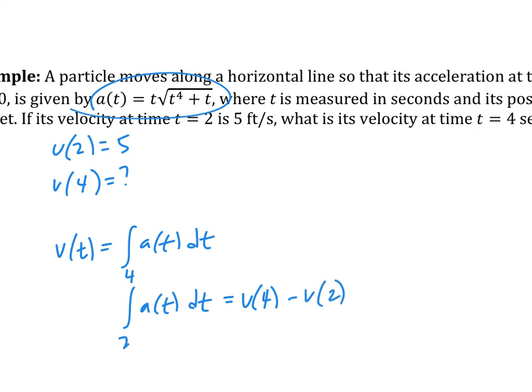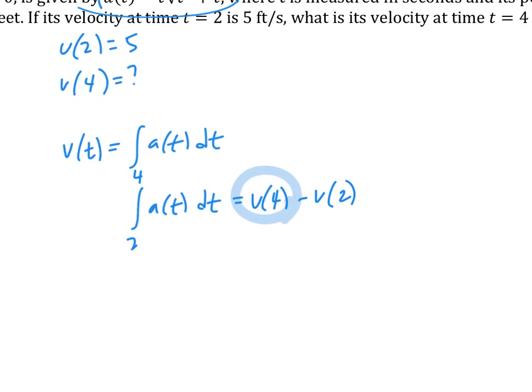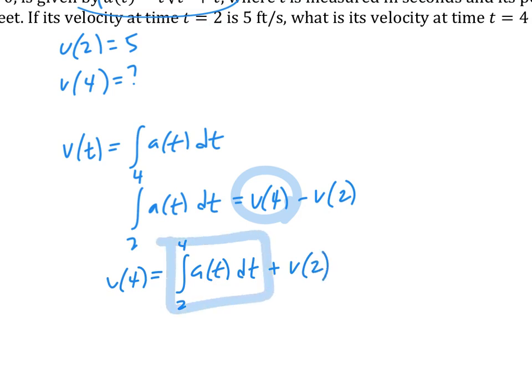That's FTC part 1. What do we want to find? We want to find v of 4. What do we know? v of 2. So very easy: v of 4 is equal to the integral plus v of 2. This part, you're supposed to use a calculator. It's a very easy question if you just use FTC part 1.